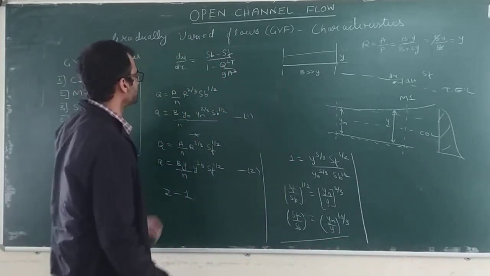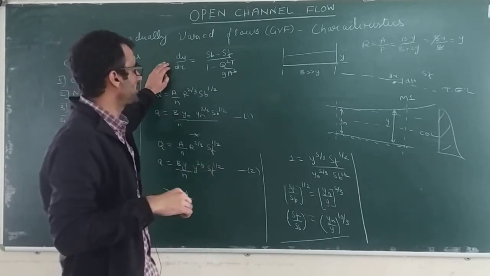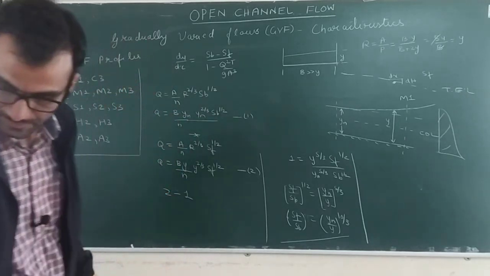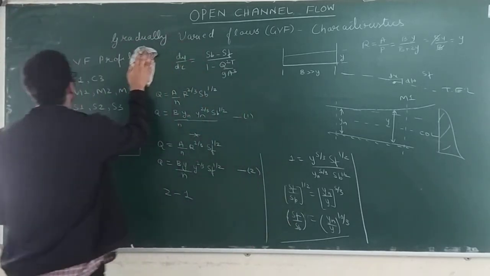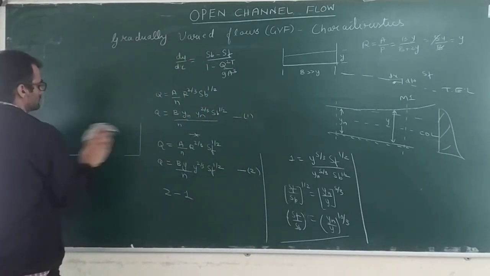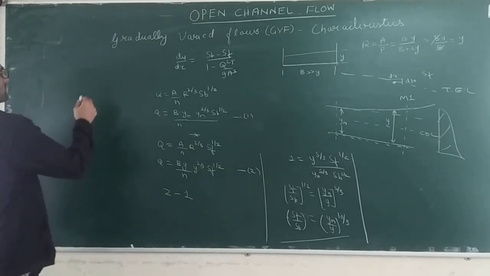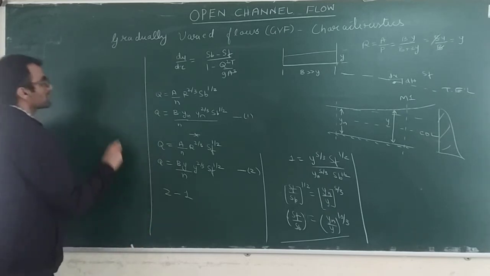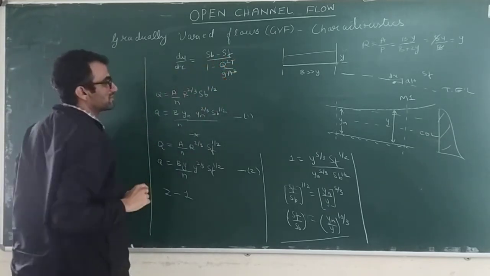Now this was our initial equation, dy by dx. Our original equation was dy by dx equal to SB minus SF upon 1 minus Q square T by g A cube.